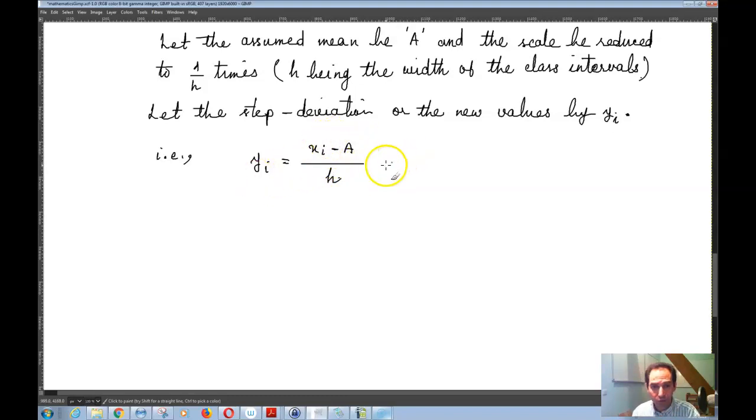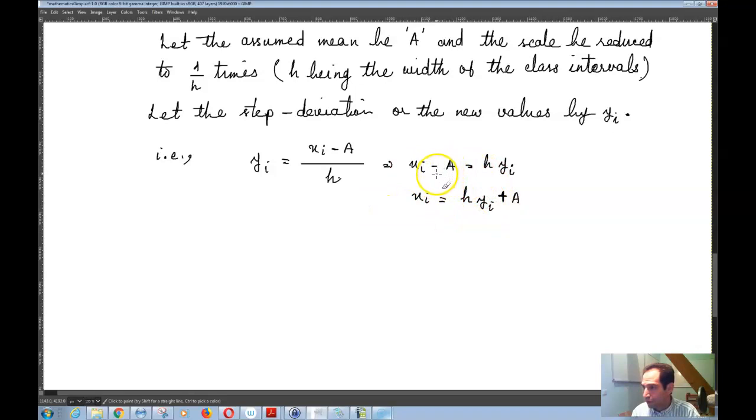You can cross multiply, and you will get x sub i minus a is equal to h times y of i, or you can write x sub i is equal to h times y of i plus a. So that is basically that.